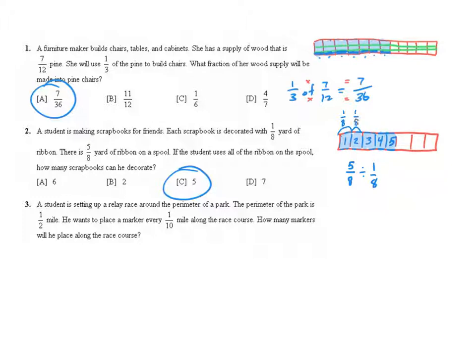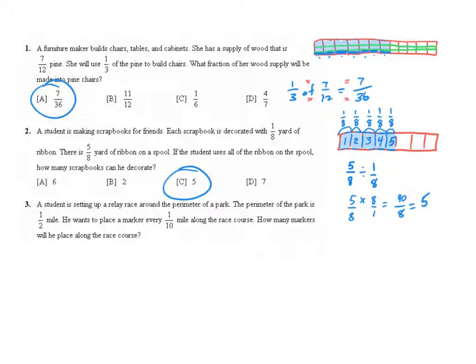All we cared about was how many sections of 1/8 we could make, because each section of 1/8 was used to decorate one scrapbook. We were trying to take our 5/8 of a spool and divide it into sections of 1/8. When we divide fractions, we multiply by the reciprocal. So we have 5/8 times 8/1, which is 40/8, which gives us 5 scrapbooks that we can decorate.